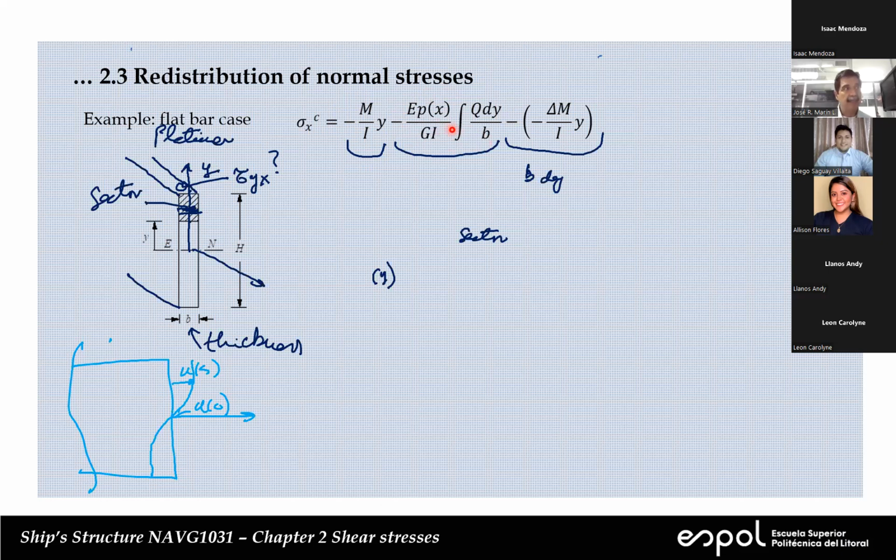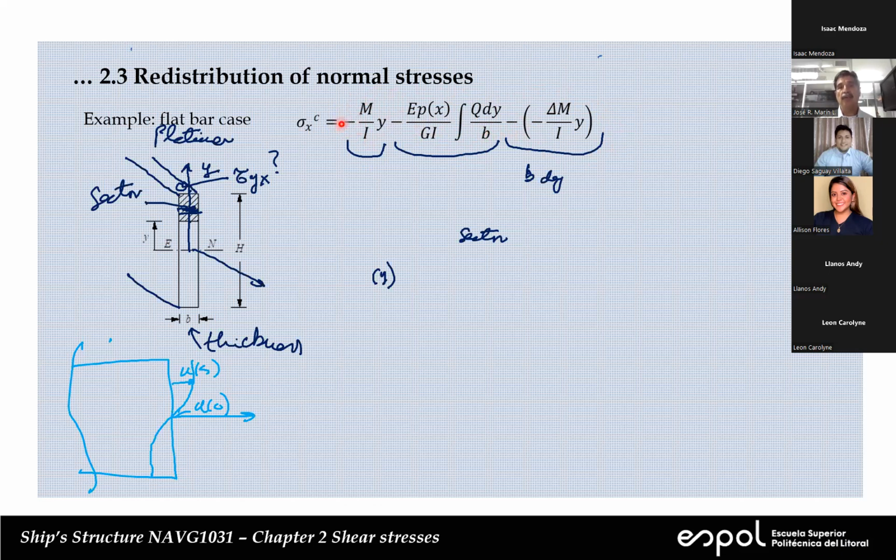And this here, that's the reason why some people do not like these results, is because this result comes from a pure bending theory, meaning that there is no influence from the shear stresses. And finally, this term here was proposed by Taylor in order to recover equilibrium, okay?